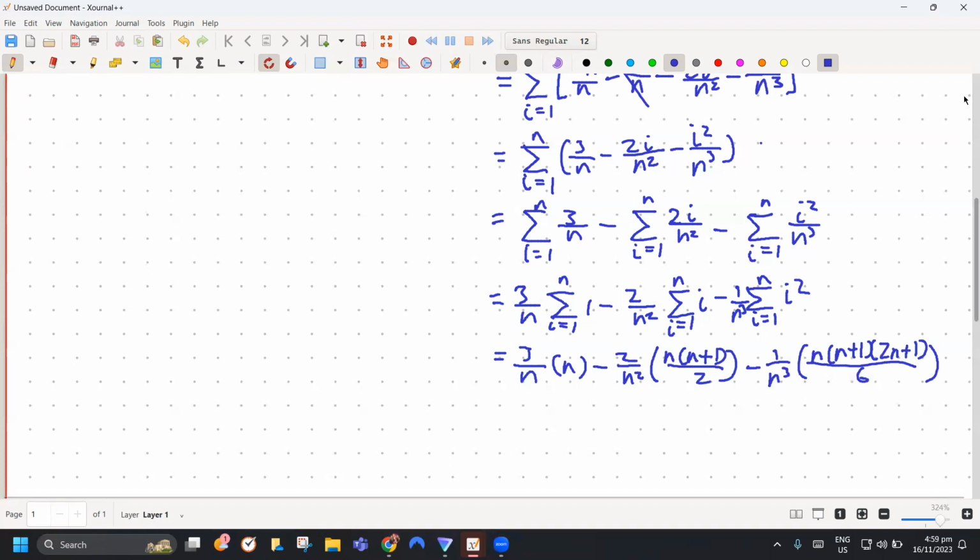Okay, ngayon, so yan na yung sum, di ba? Kailangan mo siyang isulat in a form na madaling kunan ng limit as n approaches infinity. So, yung first term, 3 times n over n, that's just 3.